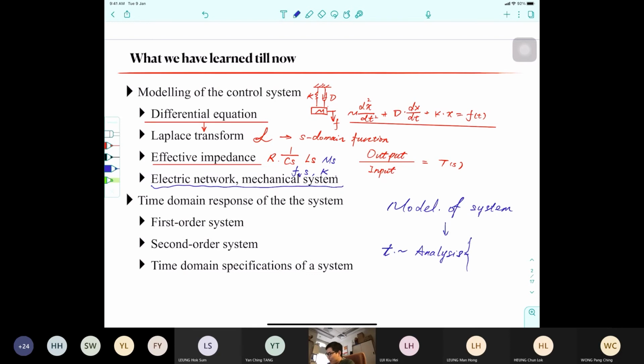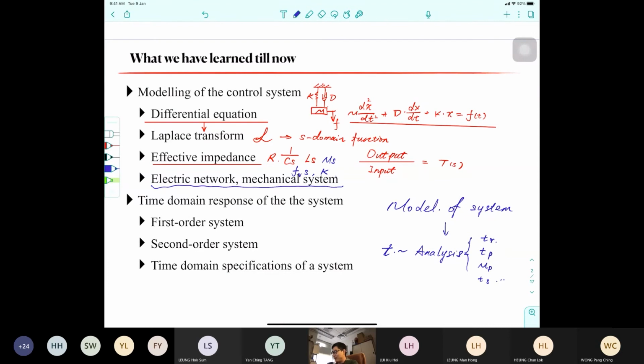The rise time, the peak time, the maximum overshoot, right? And the settling time, right, of the system. So they are all the parameters of a control system in time domain, right? Because we did not learn frequency domain.